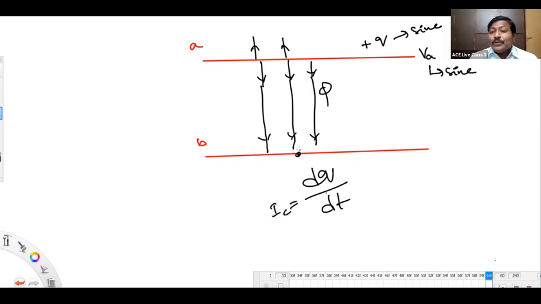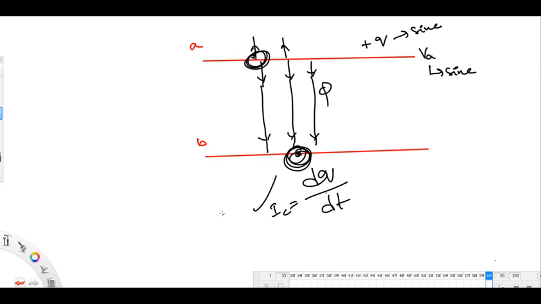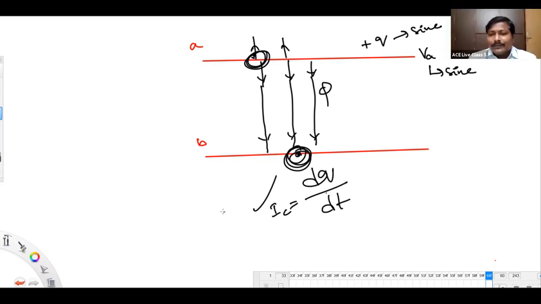So current is induced in conductor B because of conductor A's electric flux, or because of the potential difference between the two. That's what we name the charging current. Is it required to show this in the circuit or not?